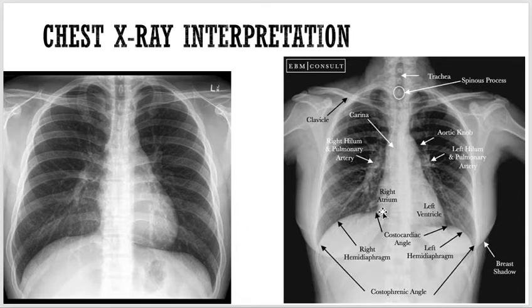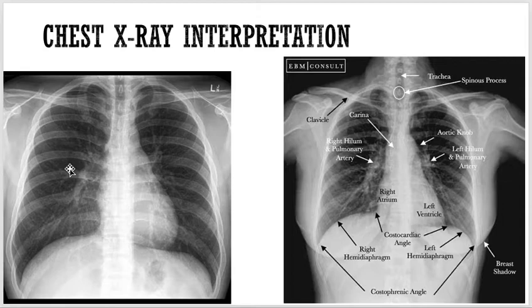Now you can see the right hilum and the right pulmonary artery, and the left hilum as well as the left pulmonary artery, over here.